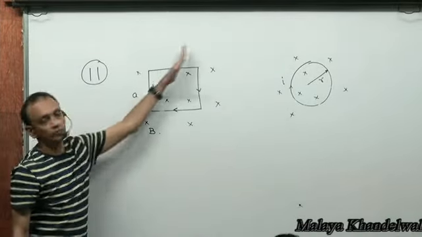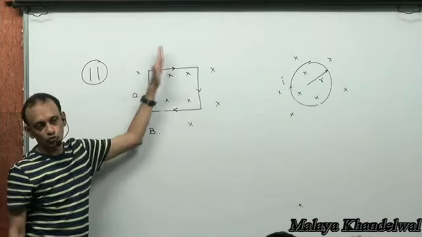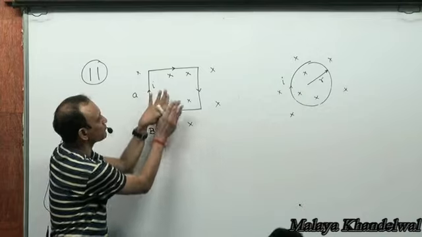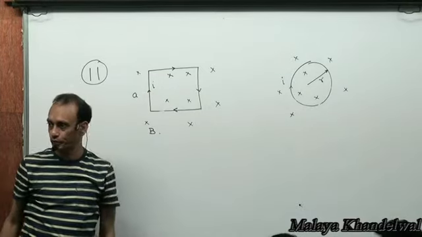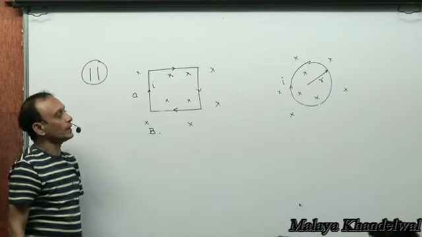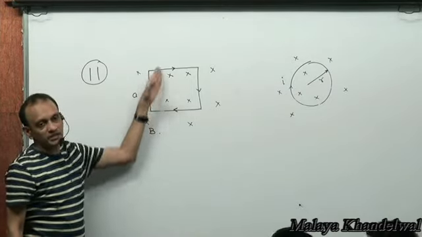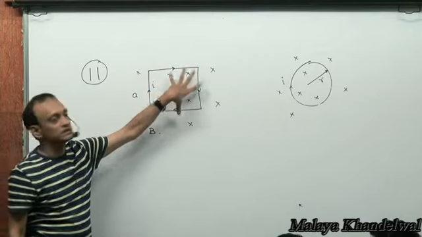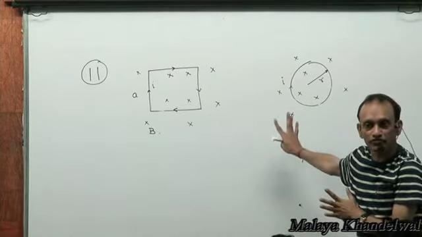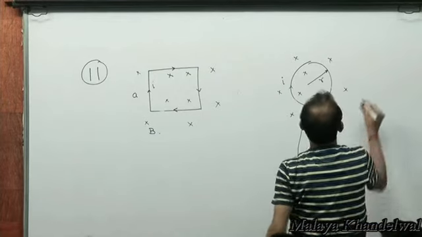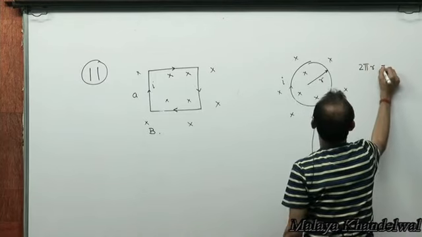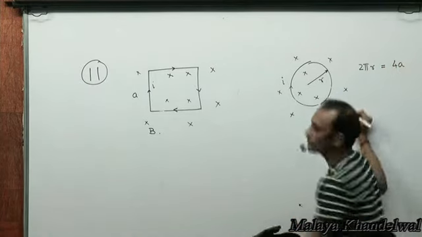So there is a square loop of side A carrying current I, and it's exposed to a magnetic field going into the plane of the board, right? Now keeping the total perimeter the same, the square is converted into a circle of radius r. So obviously the circumference of the circle 2 pi r must be 4a.